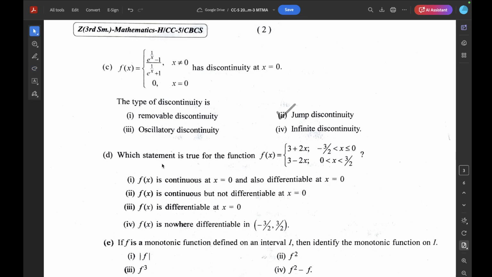Next, question D. Which statement is true for the function f of x equals 3 plus 2x for minus 3 by 2 less than x less than or equal to 0, and 3 minus 2x for 0 less than x less than 3 by 2?